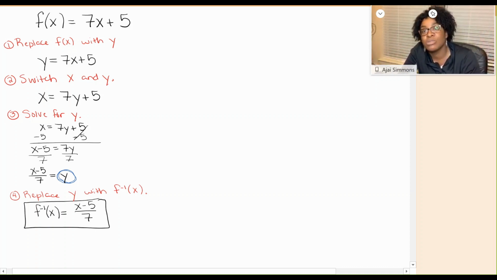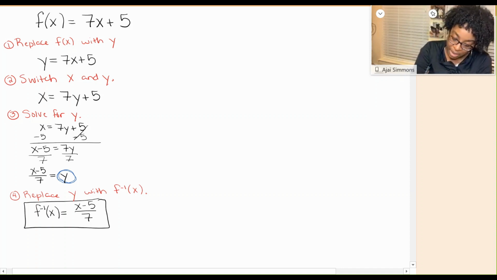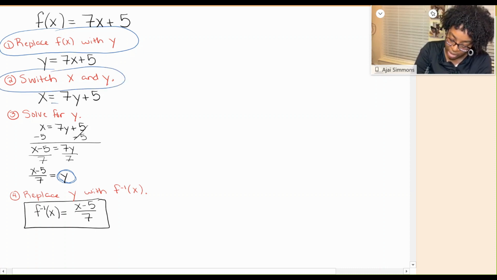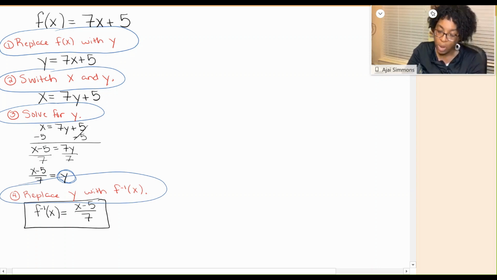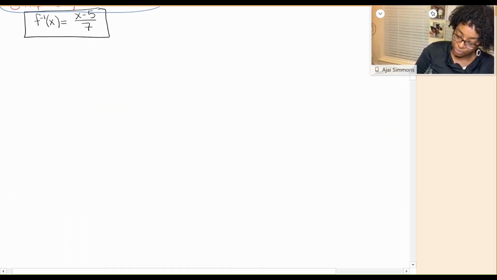The steps don't change. It's just the function changes, and the function can be more complicated than before. Okay, so let's keep these steps in mind. Replace f of x with a y, switch your x and y, solve for y, and replace y with the f inverse. Okay, let's see another example.